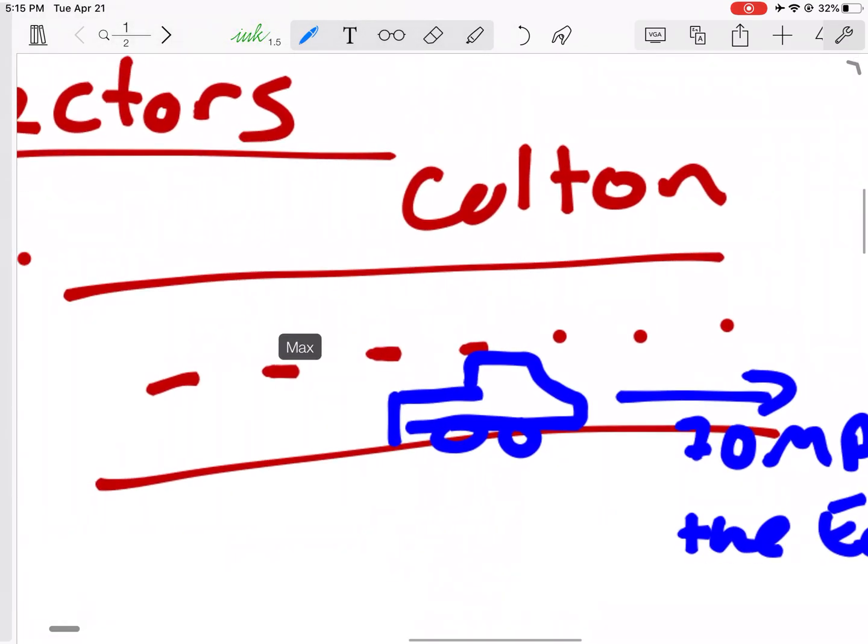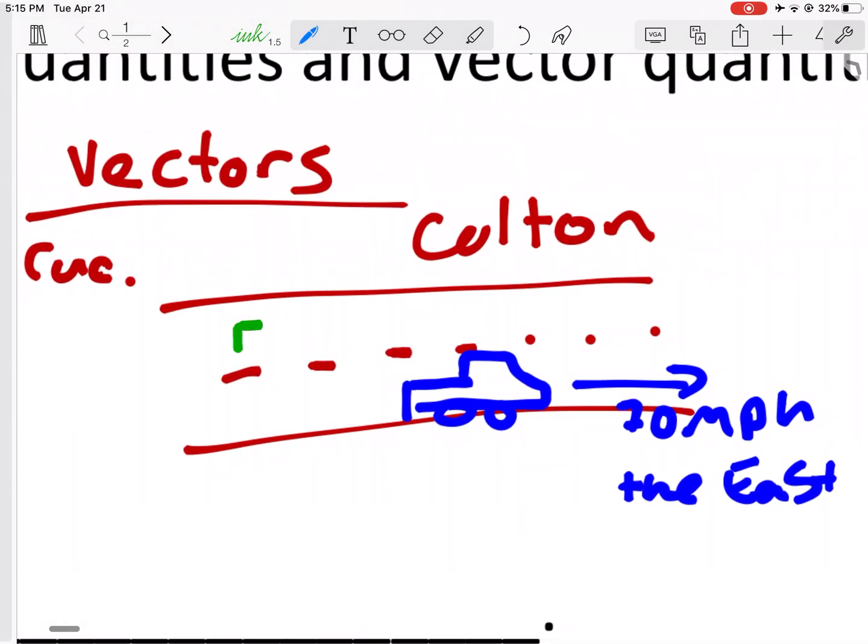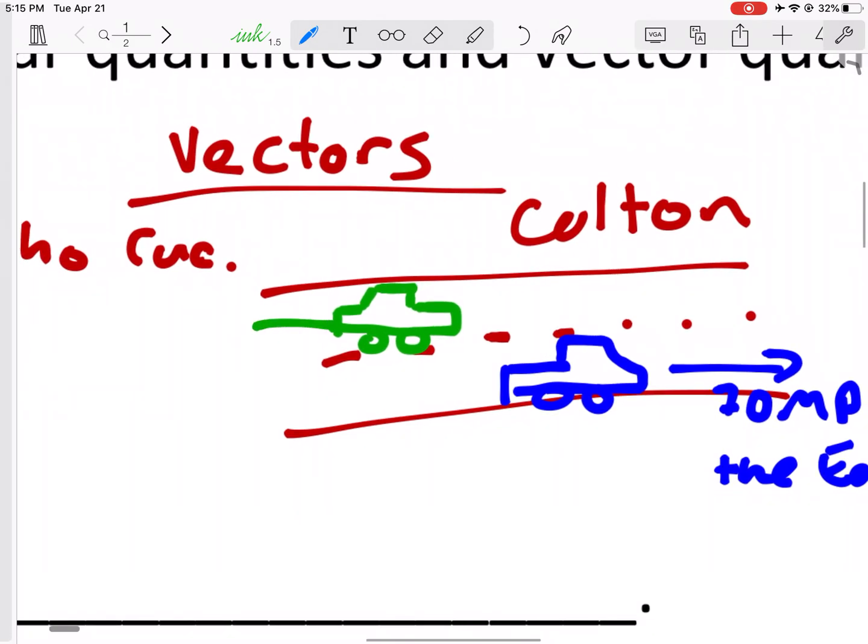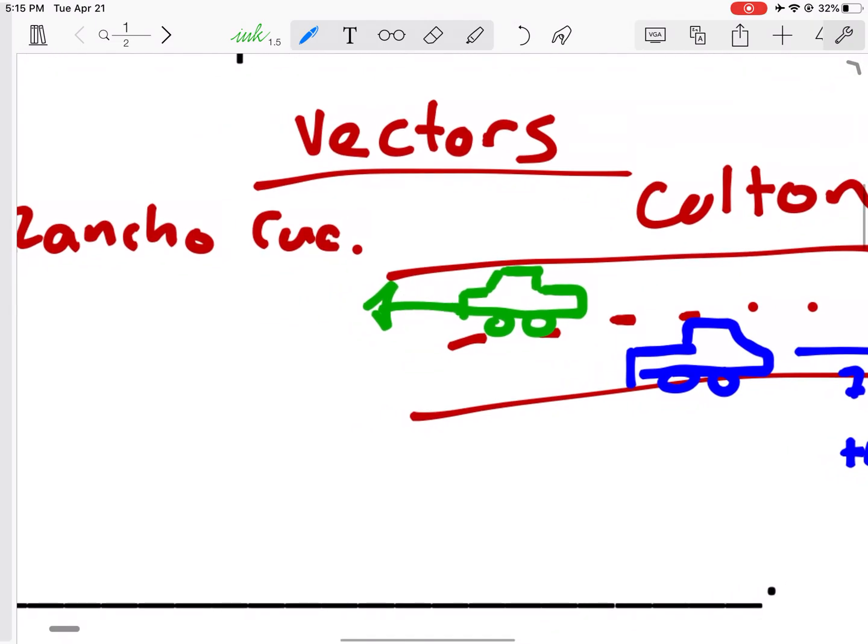Another car may be on the other side of the freeway. This car could maybe be going to the west, but at a magnitude of 65 miles per hour to the west.